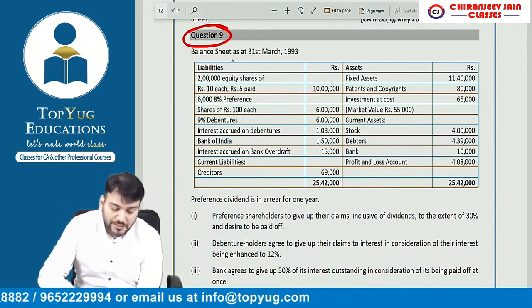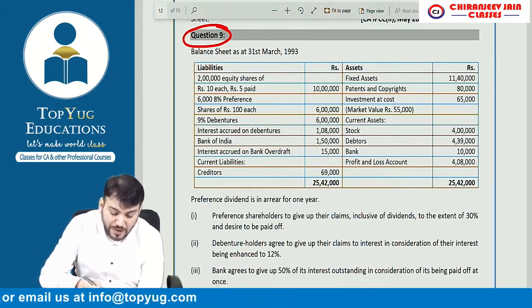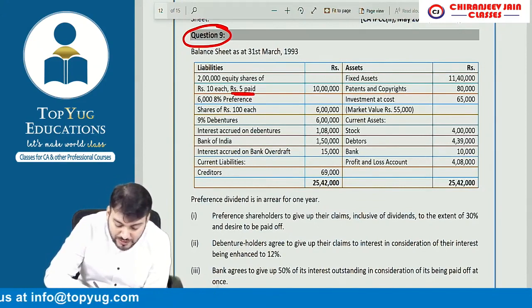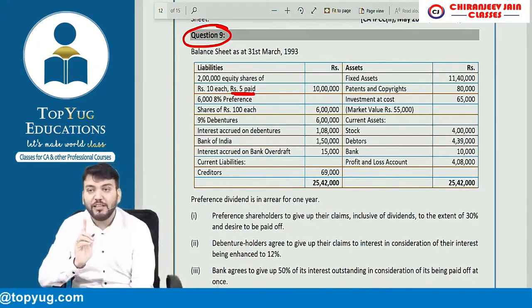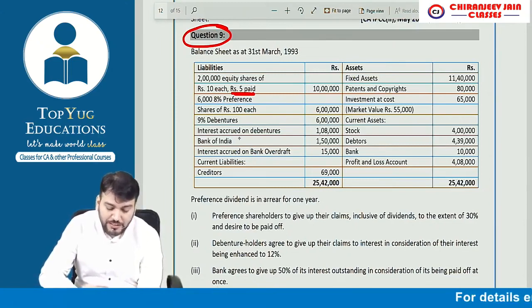Balance sheet as at 31 March 1993, 2 lakh equity shares of rupees 10 each, rupees 5 paid up. Now you can see this is what is called partly called up shares, and 6,000 8% preference shares of rupees 100 each, 9% debenture, interest accrued on debenture.